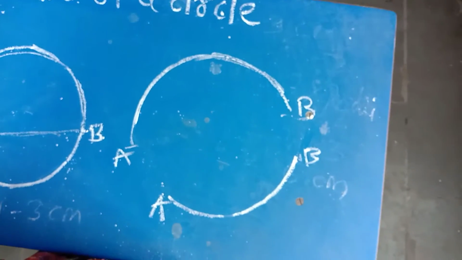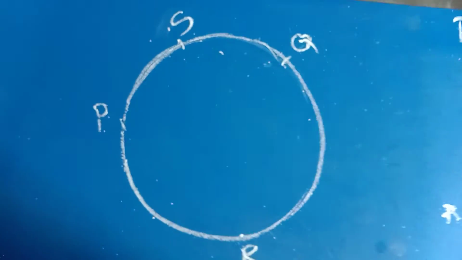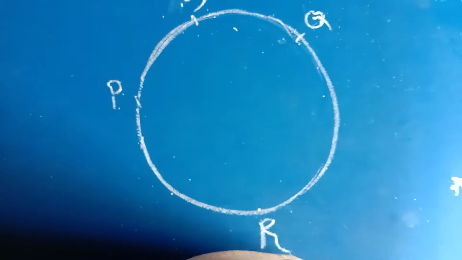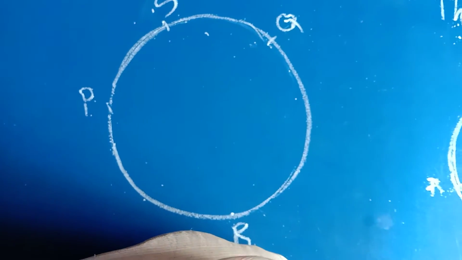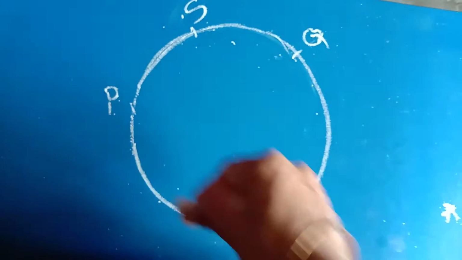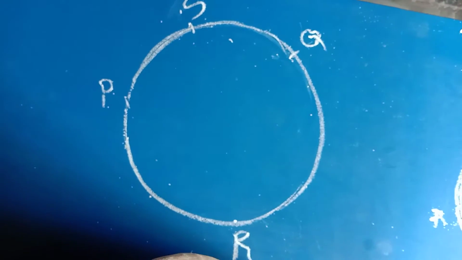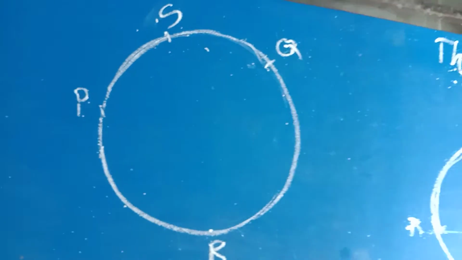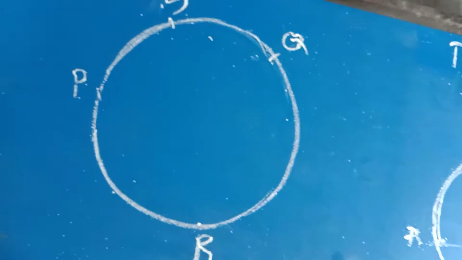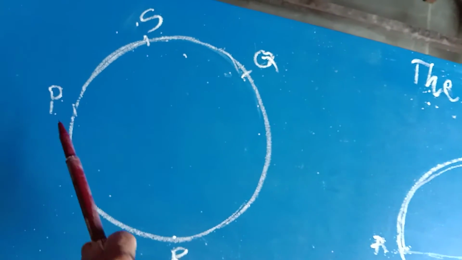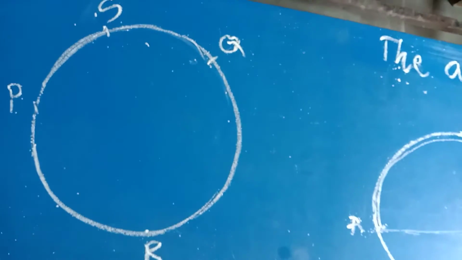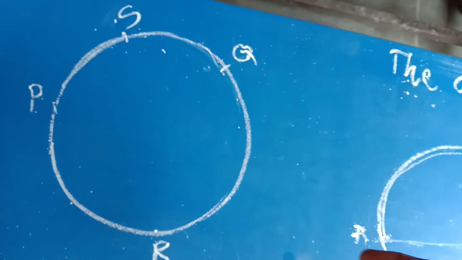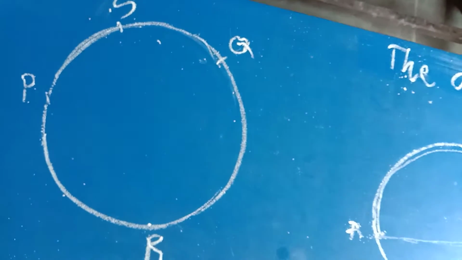Okay, look here, another example. This is the example. Here what is given? On the given circle, there are 2 points, P and Q. These 2 points have divided the circle into 2 parts.